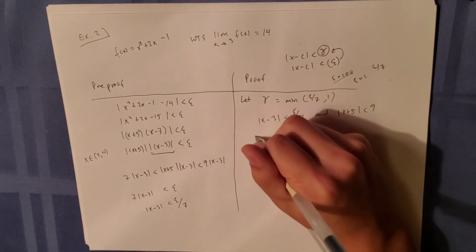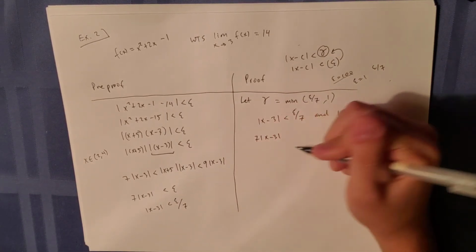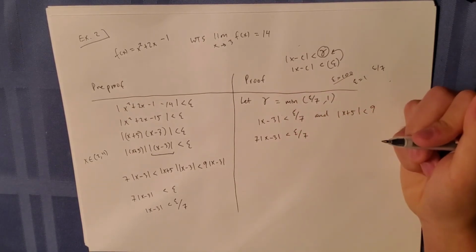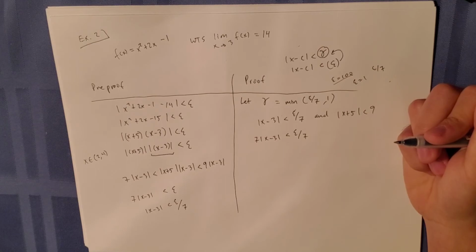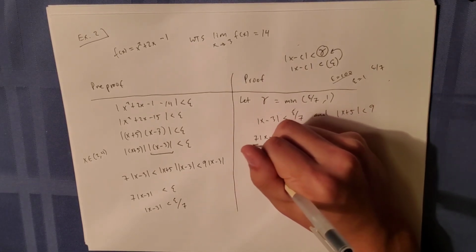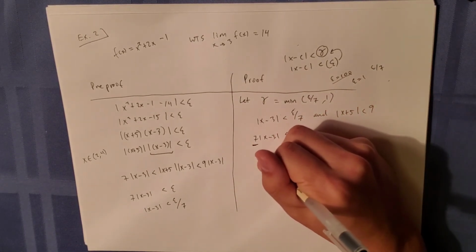So from here we have that 7 times the absolute value of x minus 3 is less than epsilon over 7. But now we see that we have a 7 here. And we want to turn this back into the absolute value of x squared plus 2x minus 15.